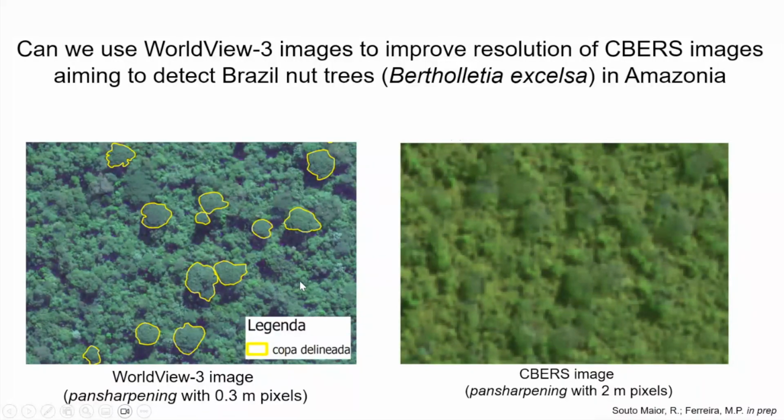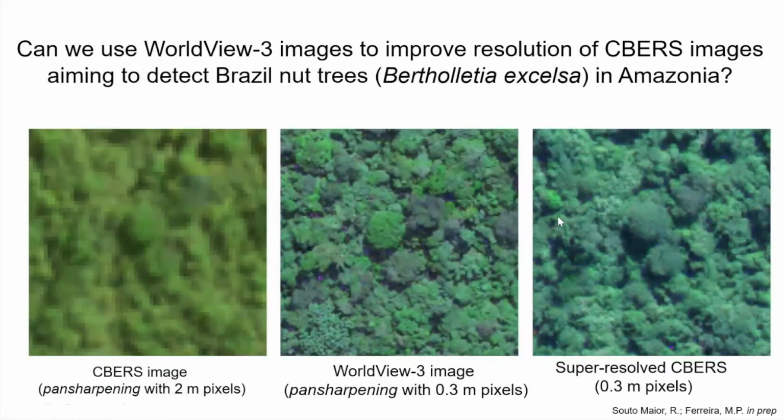So we tested super resolution networks like GANs, mainly CycleGAN, to improve the resolution of the CBERS images. And here we have some of the results. We have a paper in preparation.